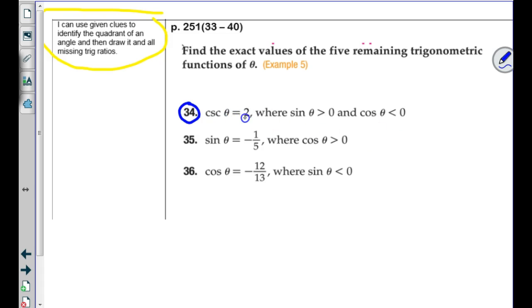So the cosecant is 2, where the sine is, okay, guys, you got to know your signs. What does this mean? Greater than 0, so the sine is positive, right? And the cosine is less than 0, means the cosine is negative. What quadrant is that true?